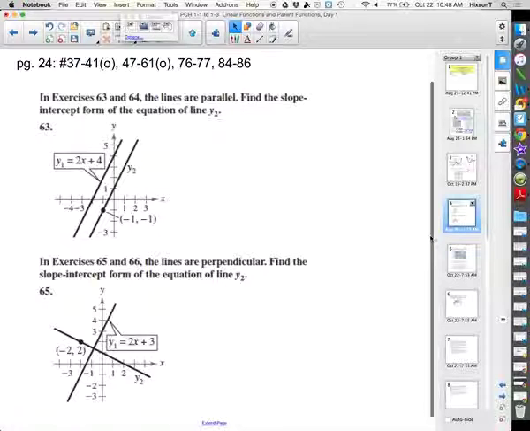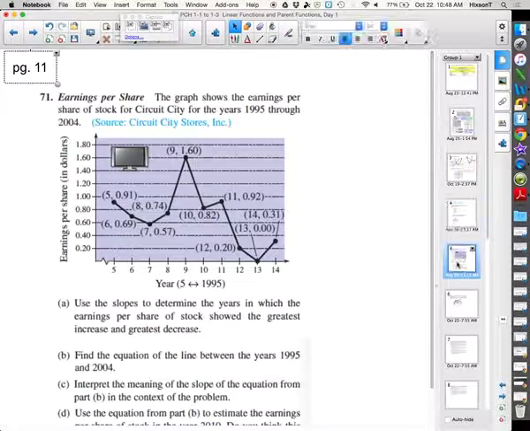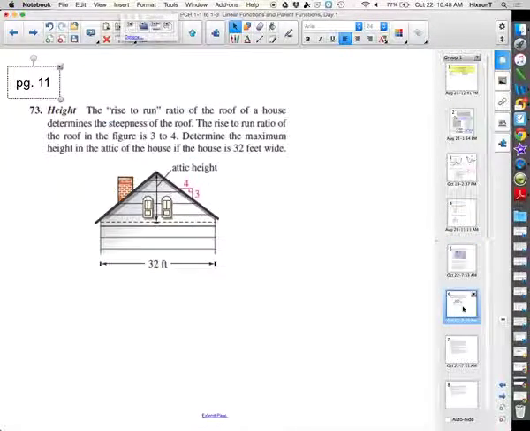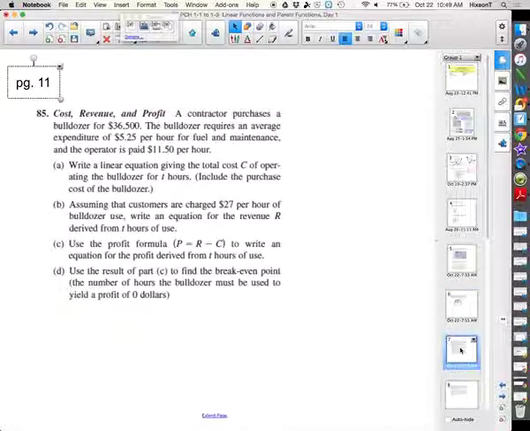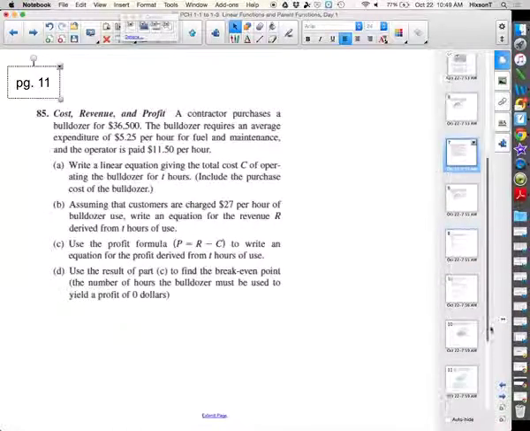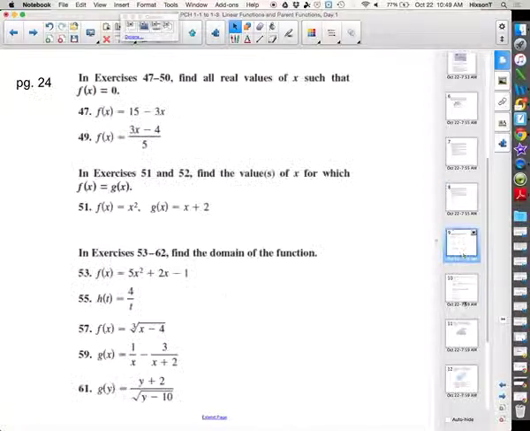You can't remember how to do that easily? Then do that one, okay? Work your way through. There's a number of different problems here, and a lot of different word problems, okay? So I want you to work with somebody.